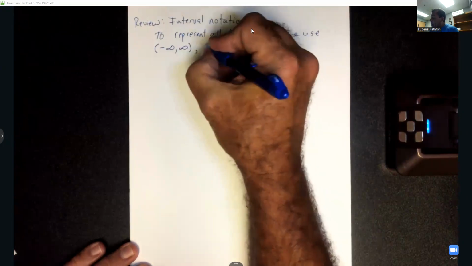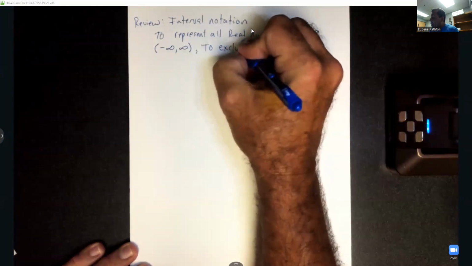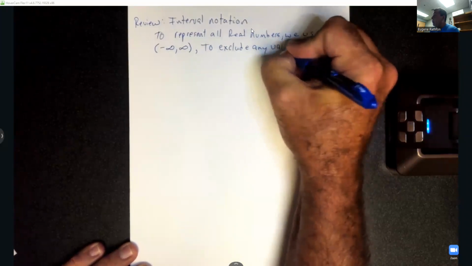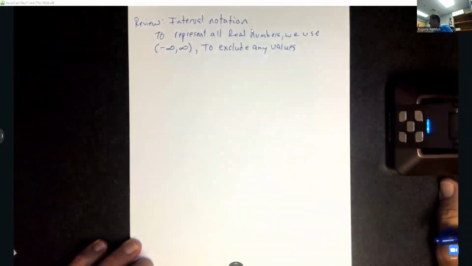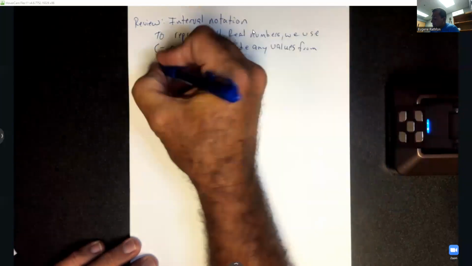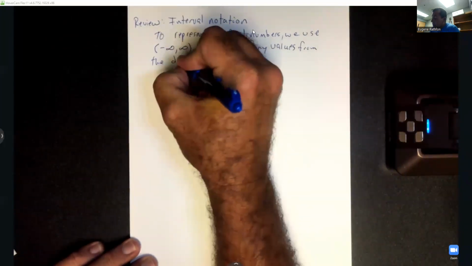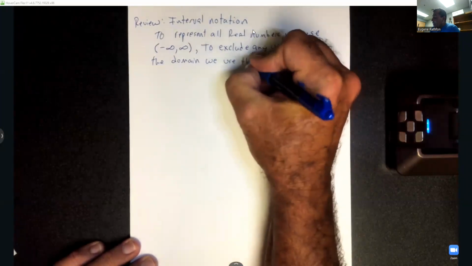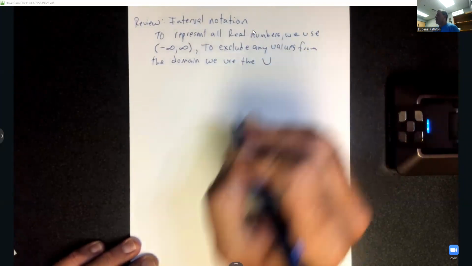Now, to exclude any values from the domain, we use the union.